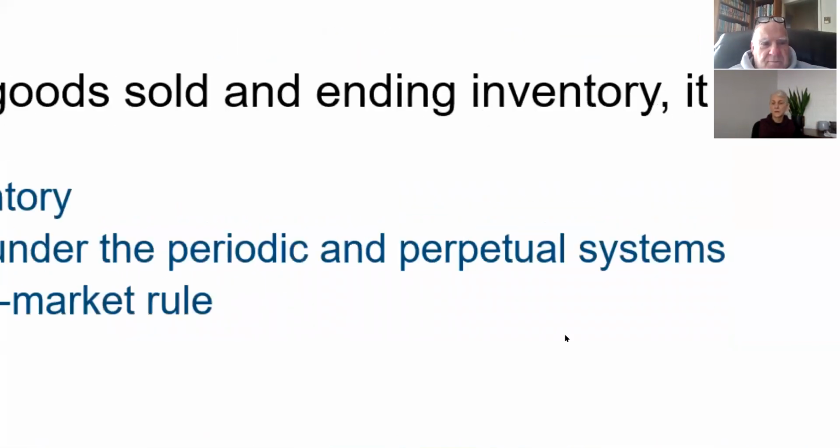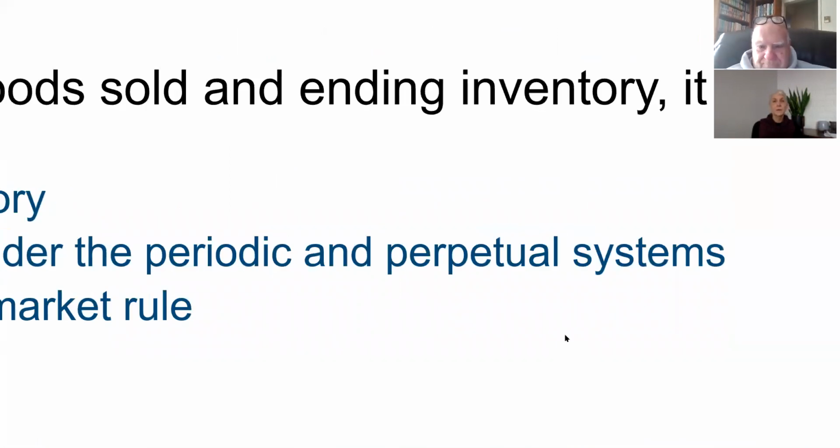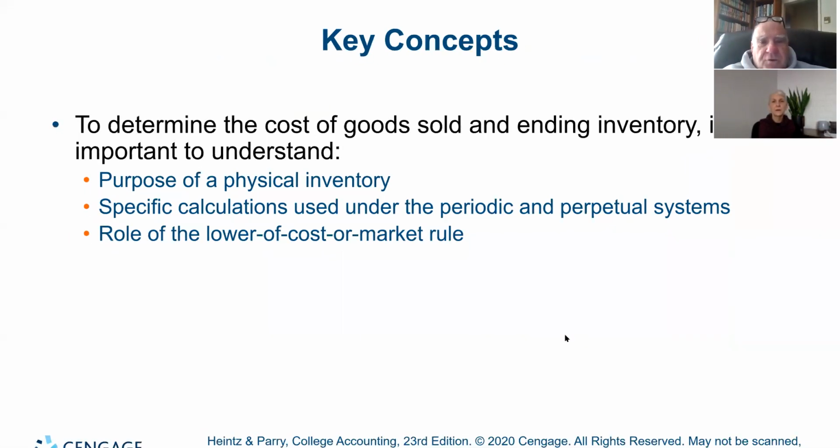And we talked a little bit about, excuse me, to determine the cost of goods sold, we need to understand the purpose of a physical inventory and specific calculations used and the role of lower of cost or market. Well, we know the purpose of a physical inventory. We want to know what's out there and make sure we got decent numbers.